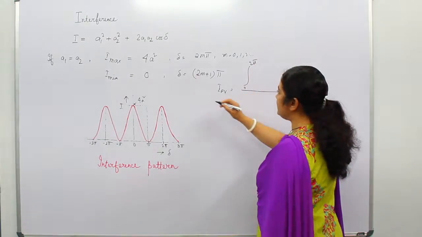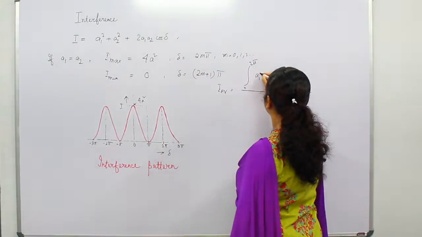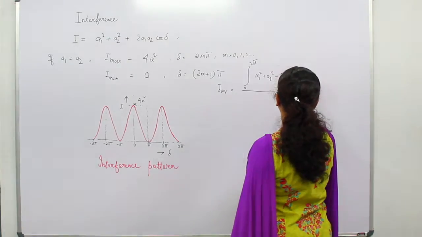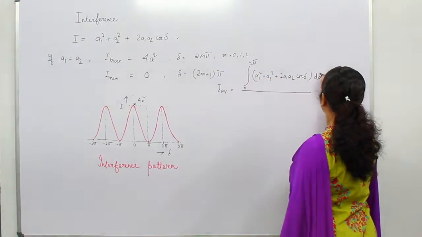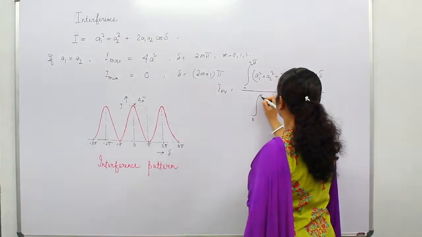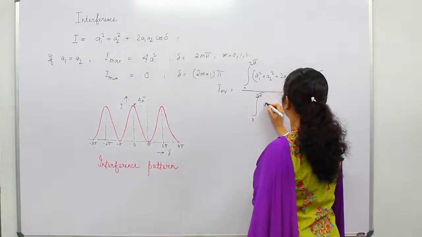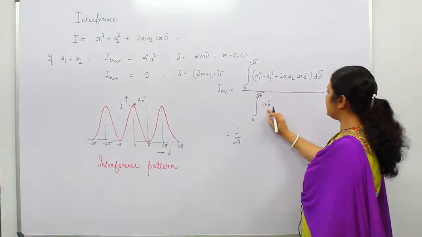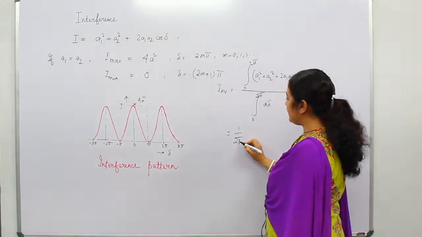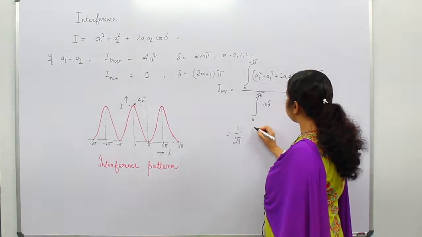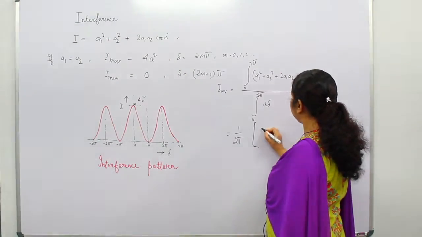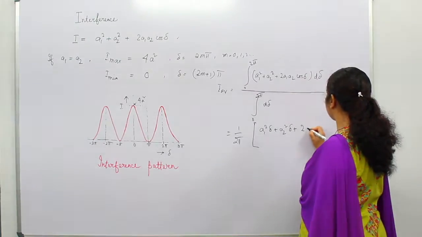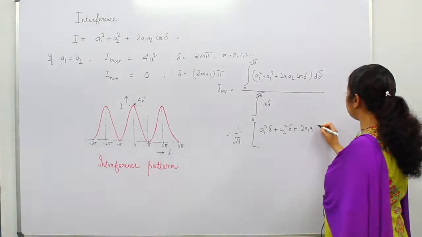We will integrate this from 0 to 2 pi, and we will directly get 1 by 2 pi times this. The integration of cos delta is sin delta.